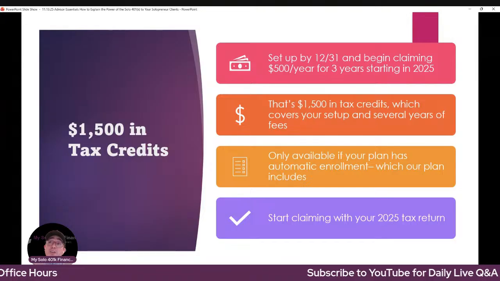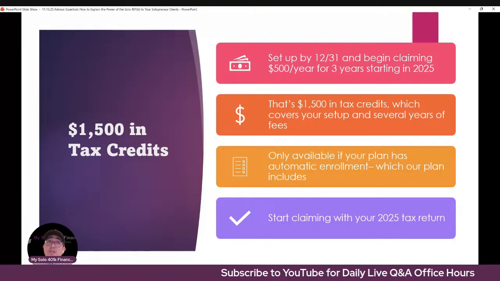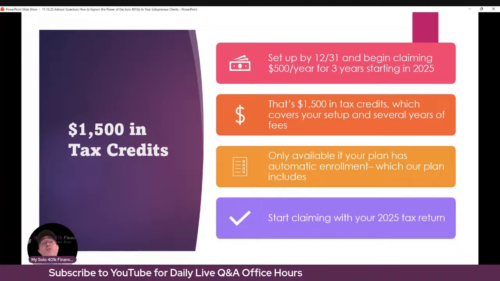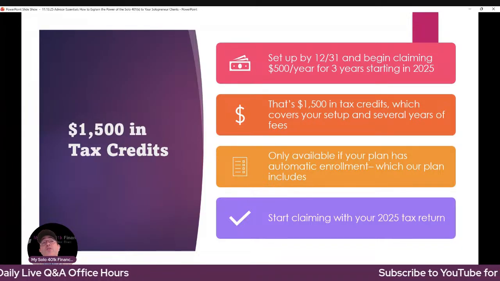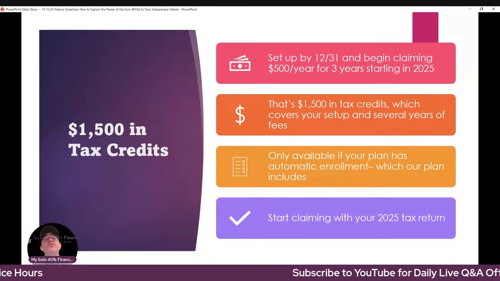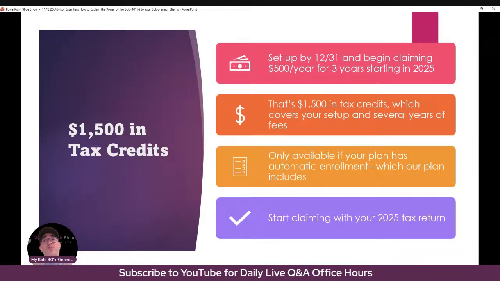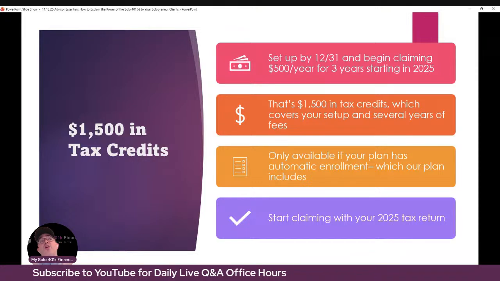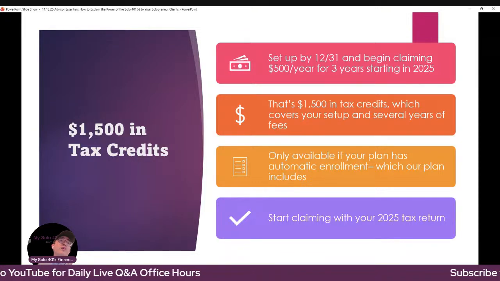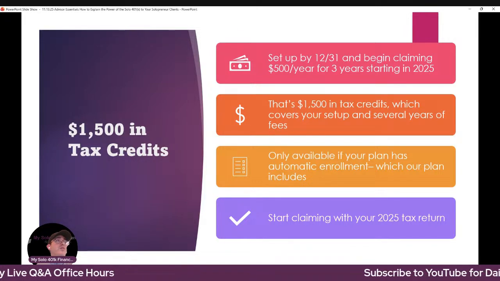And just because they exercise their right to opt out doesn't mean the plan doesn't include the required feature to be eligible for the credit. It still does. So therefore, the business is still eligible to claim the credit. There's no requirement to make contributions. The individual can opt out of the default and still be eligible to claim the credits.